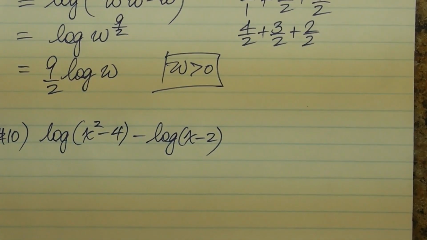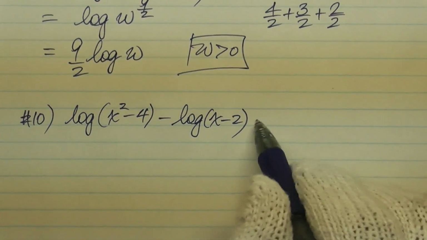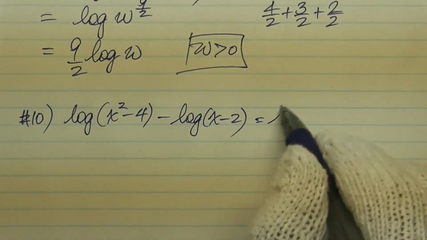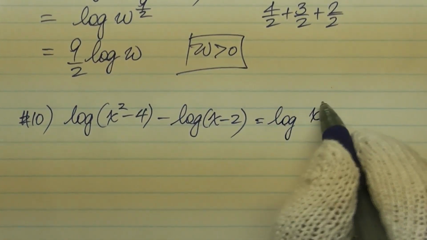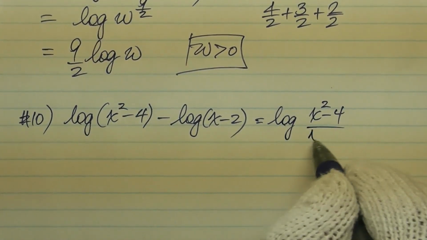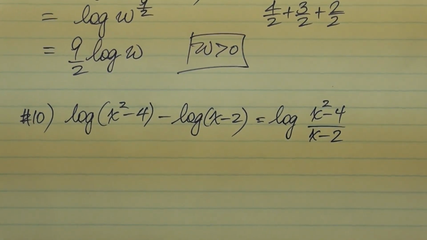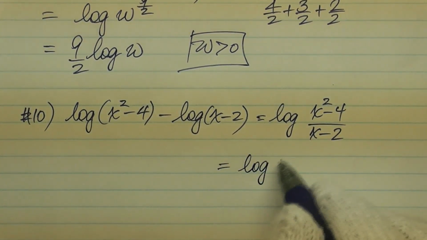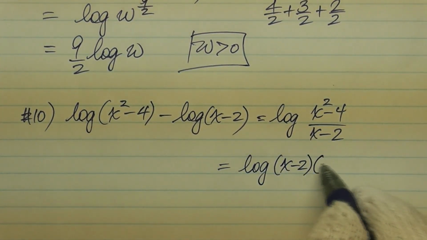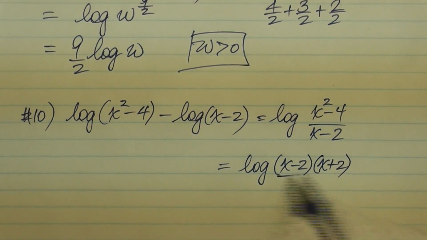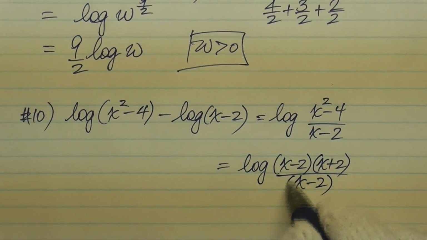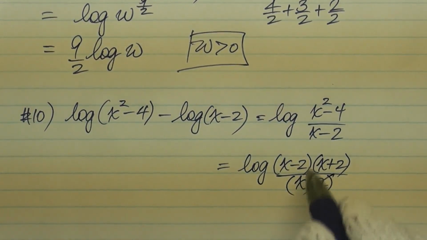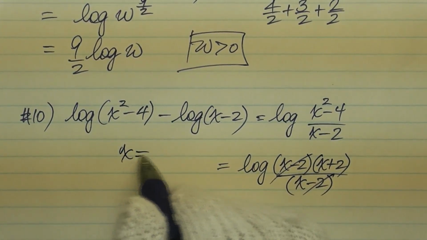Alright, question 10. This is going to be the same as log of x squared minus 4 over x minus 2. But that's a difference of squares on the top, so that's the same as saying log x minus 2 times x plus 2 over x minus 2. These two cancel as long as x is not equal to 2.